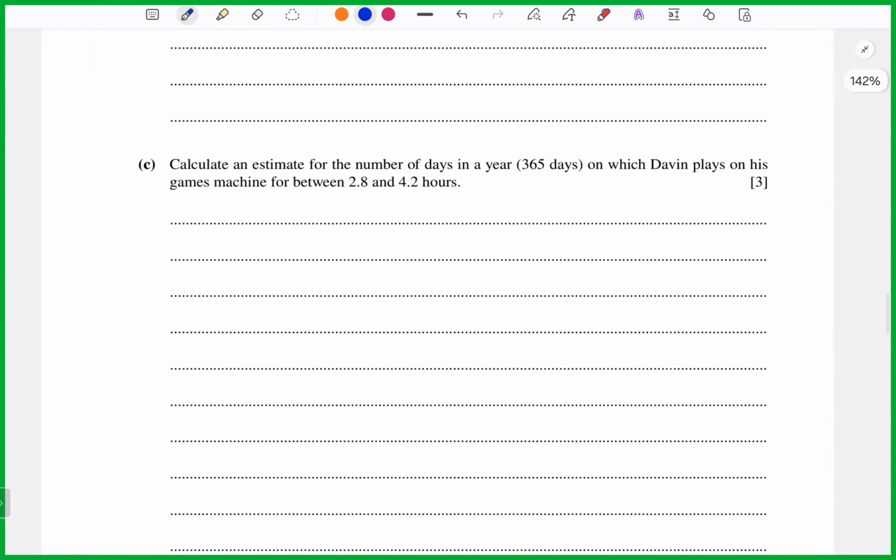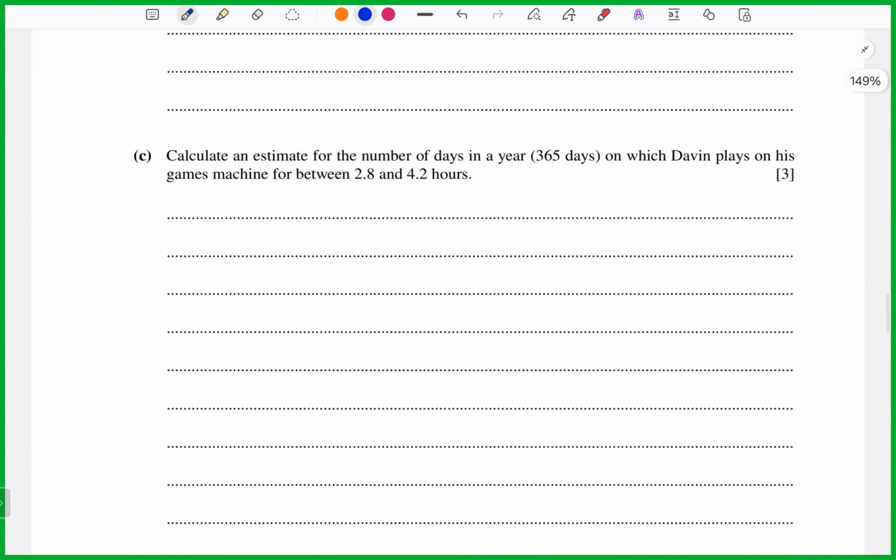Question C. Calculate an estimate for the number of days in the year, 365 days, on which David plays on his game machine for between 2.8 hours and 4.2 hours. So let's start. This is P(2.8 less than X less than 4.2). Now we need to change to standard normal variables.